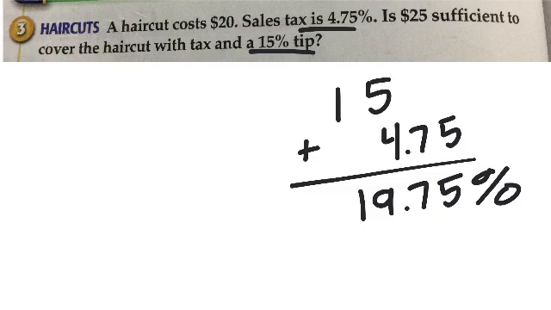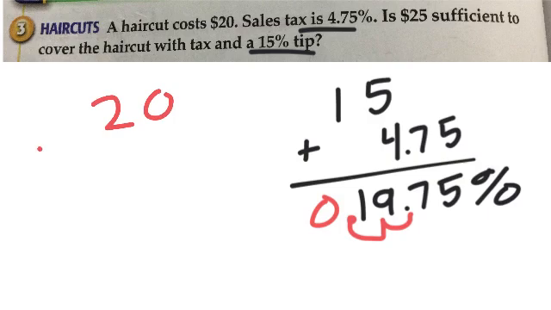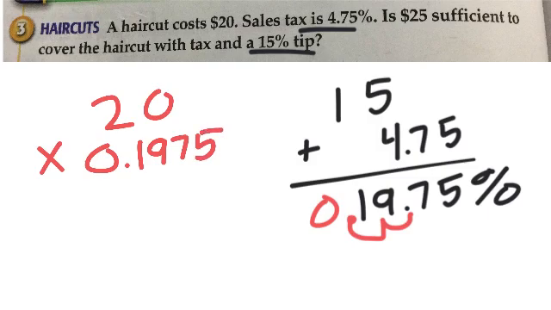So now that they're combined, I'm going to turn this into a decimal. It becomes just like we did before. So my decimal is 0.1975. So I would take the $20 haircut and I would multiply that by 0.1975.